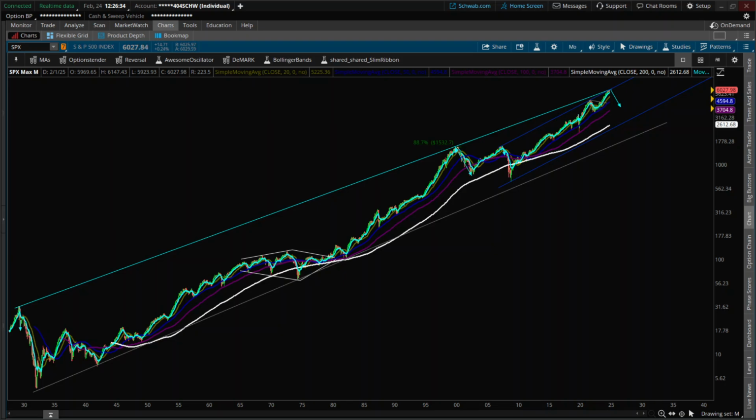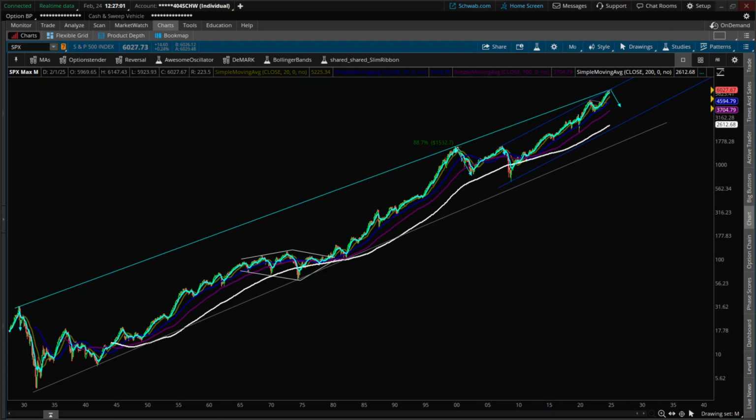Welcome, traders. We're going to take a look at SPX. As promised, yesterday we looked at the SOM rule, and we're focusing on recessional indicators. So today we're briefly going to take a look at the Buffett Indicator and how that coincides with this chart here on the monthly time frame.